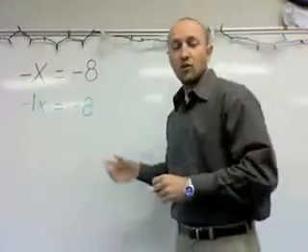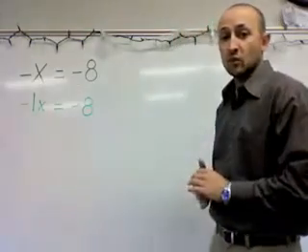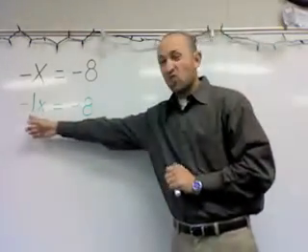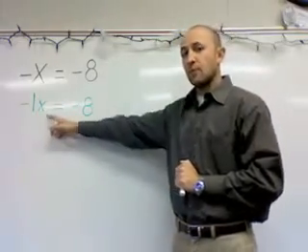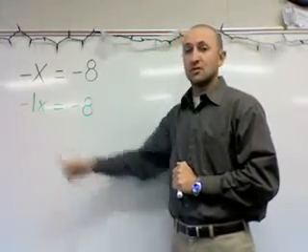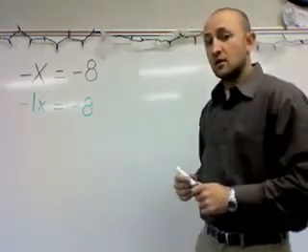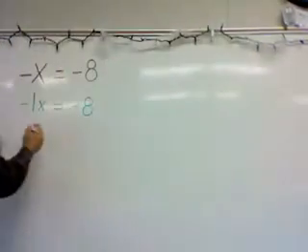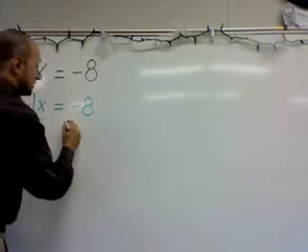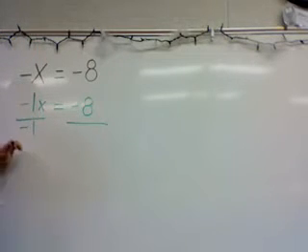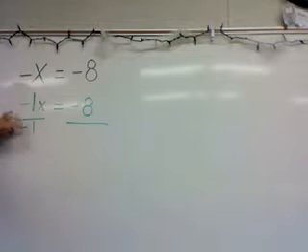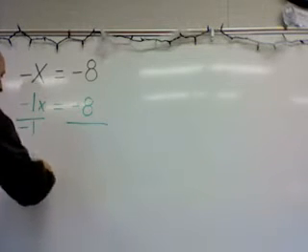Now the equation looks a little bit more familiar, kind of like the one we just did. So now I have negative 1 times x equals negative 8. Remember, the operation here is multiplication, so I need to do the opposite of that. So what I'm going to end up doing now is dividing both sides by negative 1. Divide by negative 1 here. These two numbers now cancel themselves because 1 goes into 1 once. Leaves us with the x.